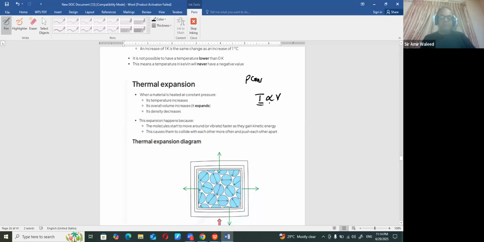Now remember that temperature scale is the Kelvin scale. So expansion happens because molecules start to move around faster as they gain kinetic energy, and this causes them to collide with each other and also with the walls of the container. So this is what we call thermal expansion.